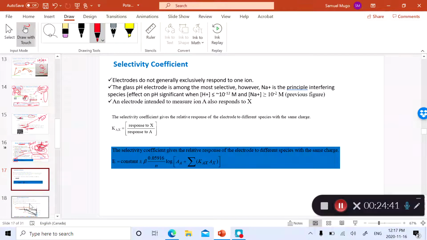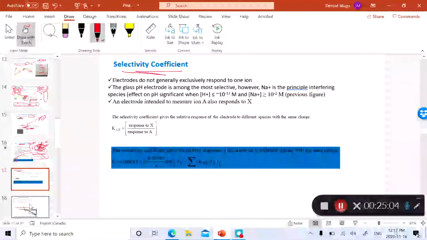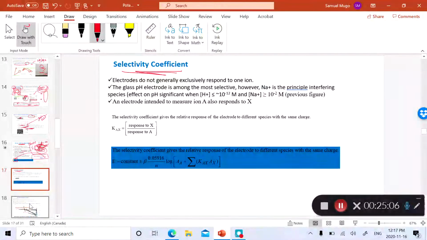Now, one important figure of merit when you're doing ion selective electrodes is what you call the selectivity coefficient. Because remember, with ion selective electrodes, you're trying to detect only one analyte, okay? So the device is selective to only one analyte. And so if I've got a very complex mixture, my sensor is responsive to only one analyte.